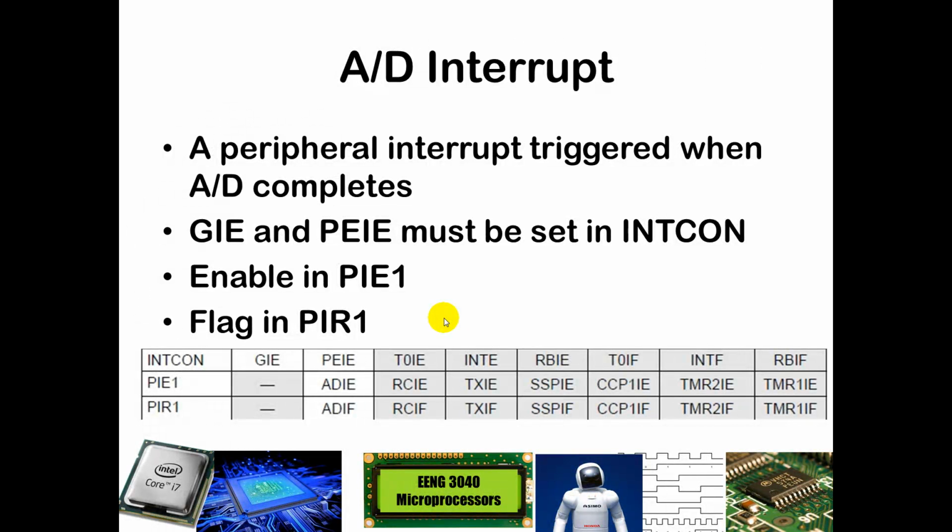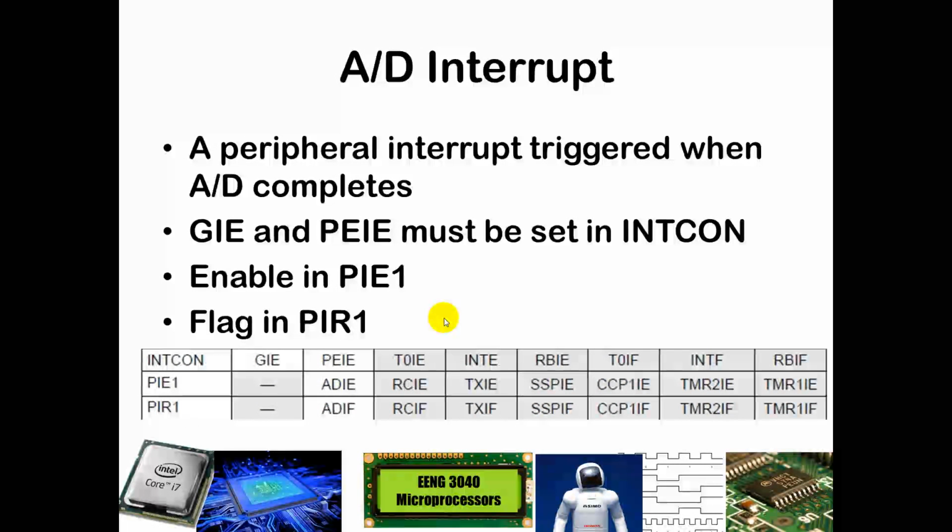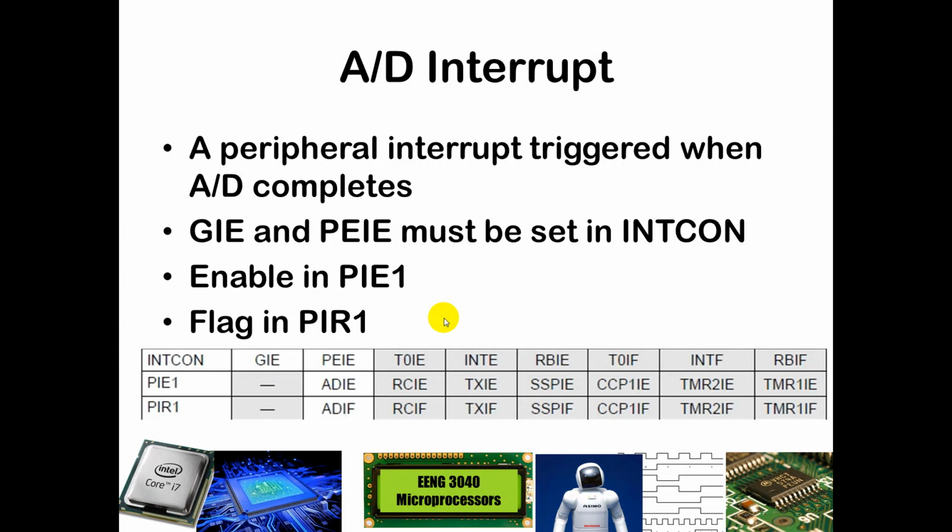If you're using the interrupts, then you would obviously set the GIE bit just like any other interrupt. The analog to digital interrupt is a peripheral interrupt, so you would need to put a 1 in your PIE bit, and then you would also need to put a 1 in your ADIE to enable that particular interrupt. It will interrupt when the analog to digital converter is finished.